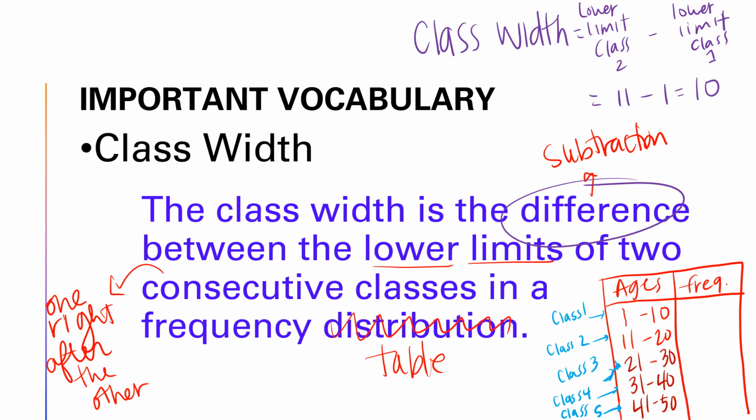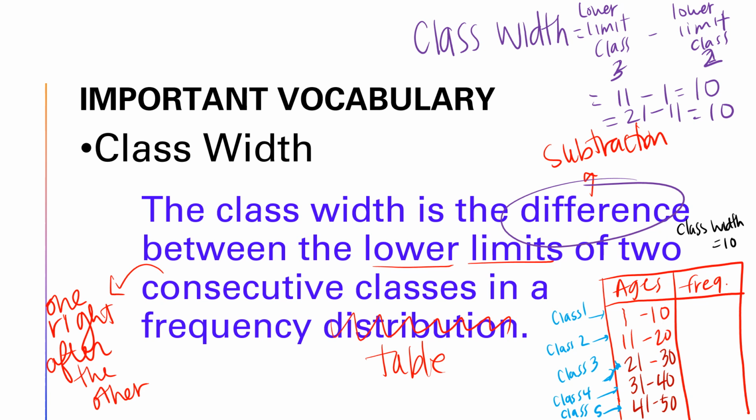The lower limit of class 3 minus the lower limit of class 2, 21 minus 11, is 10, the same answer. That's why I had to change that one to 1 instead of 0, because if I had left it at 0, the class width would not have been the same for that first one. So the class width is 10 for our little example here.